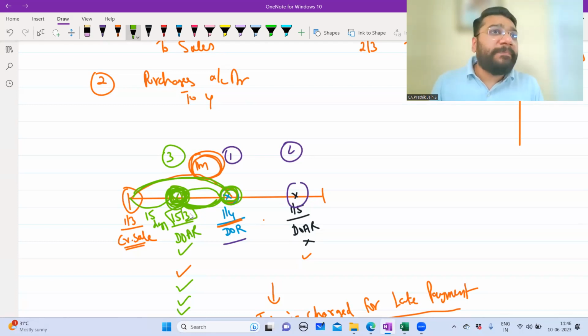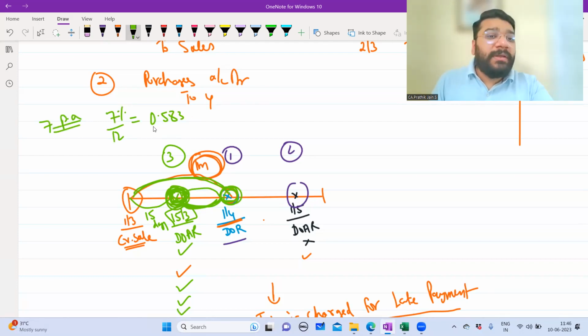That is on 15-3. Now, X will calculate 7% per annum means how much is it for 15 days? 7 divided by 12, how much? 0.583.